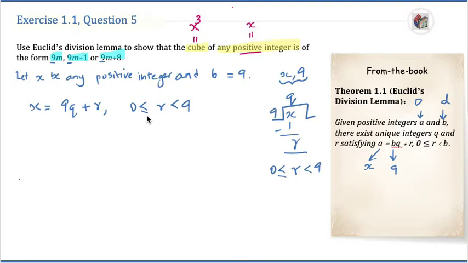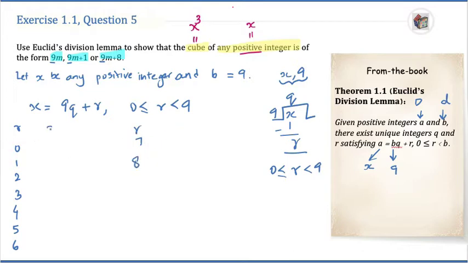Now this will give me a lot of possible values of x based on different values that r can take. r can be 0, 1, 2, 3, 4, 5, 6, 7 and 8. It cannot be 9.